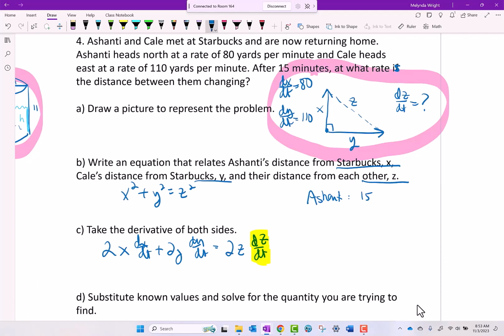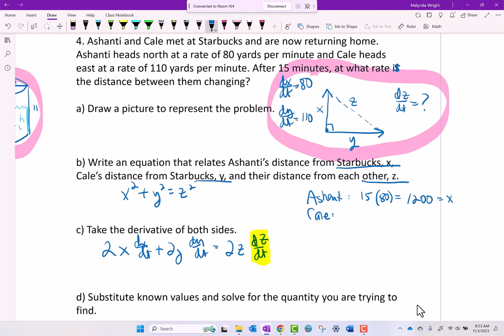So we would take the minutes times the rate. I've already done the calculations, but you would certainly have a calculator for a problem like this. So I multiply those together and I get 1,200. That's the distance. So X is 1,200.